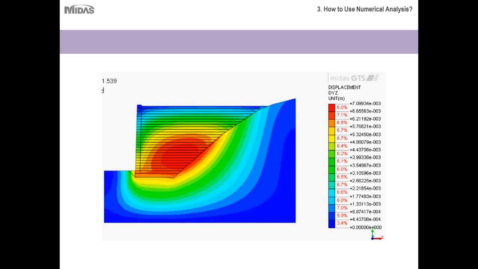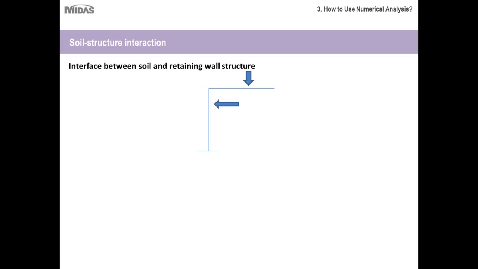That is what I'm going to cover in the following slide. So I hope you were able to understand and appreciate the advantage of numerical analysis and construction stages for designing the retaining wall. Now here we'll take up soil structure interaction in more detail.